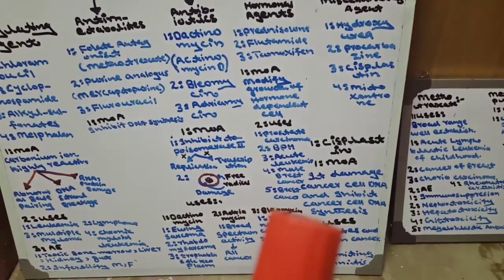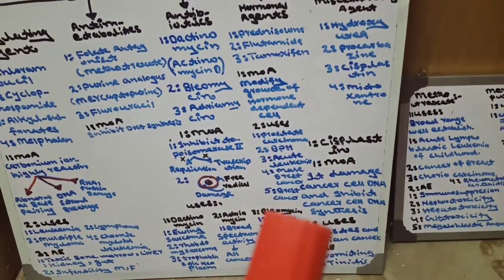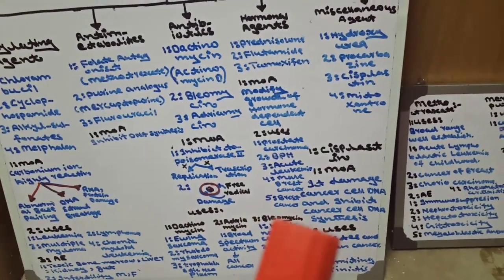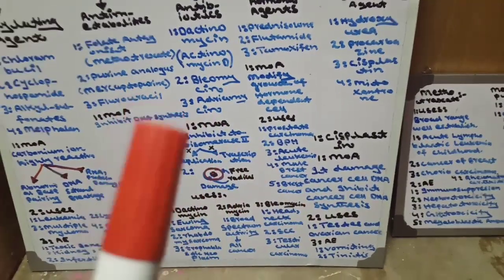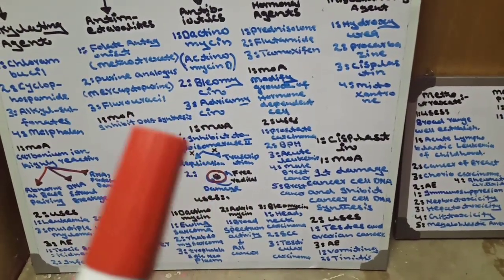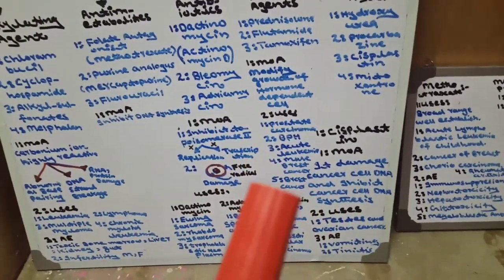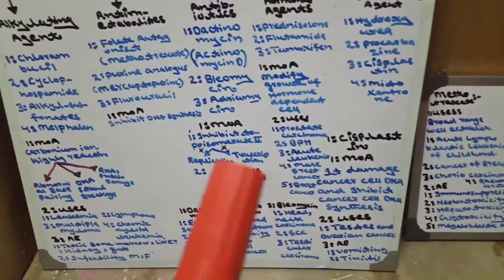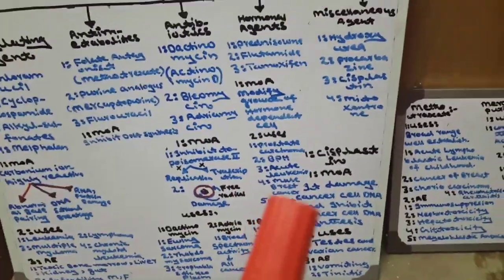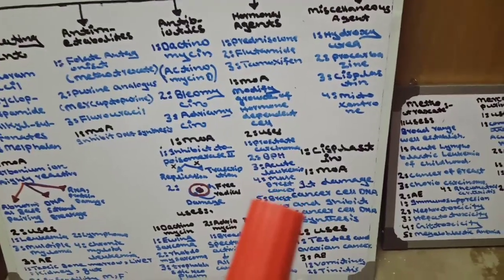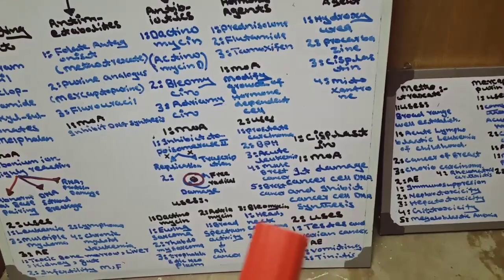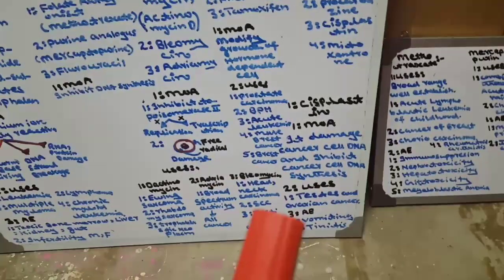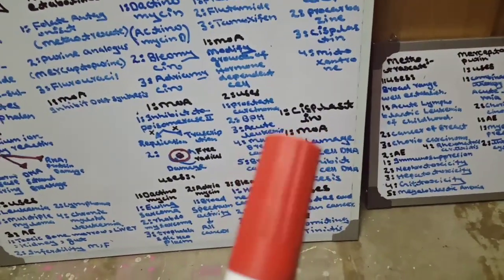Cisplatin damages the cancerous cell DNA and inhibits cancerous cell DNA synthesis. It means the already present DNA is damaged and new DNA synthesis inhibition occurs. This is the mechanism of action of cisplatin.